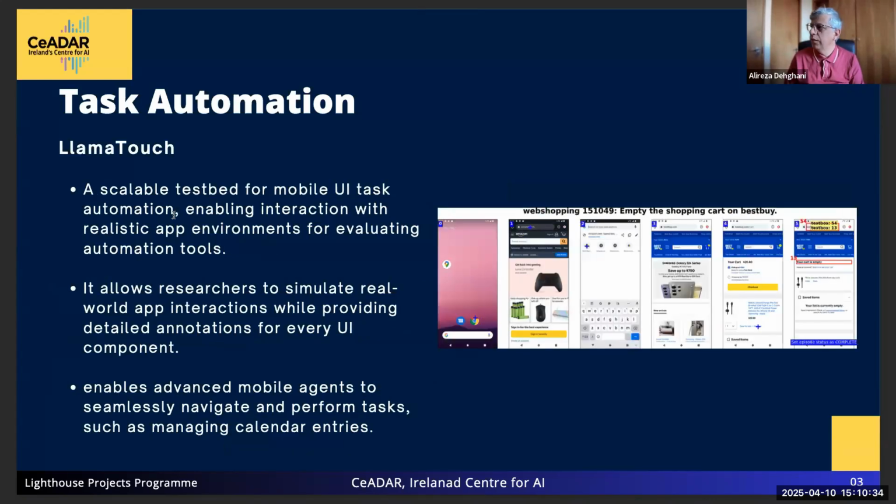The other one is LLM Touch, a scalable test bed for mobile UI task automation, enabling interaction with realistic app environments for evaluating automation tools. Okay. Yeah, so imagine you want to develop the UI for an application, right?